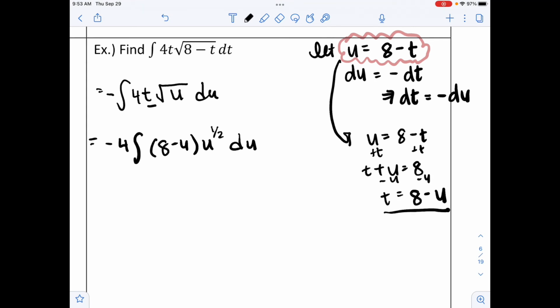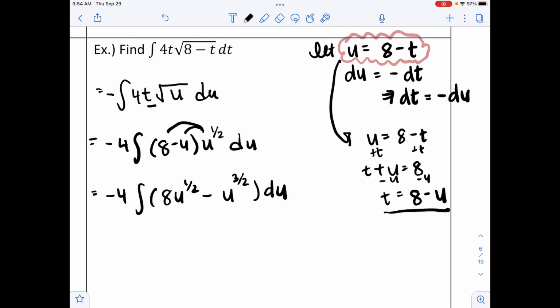We were able to get rid of that t, so I'm able to integrate it. However, right now I'm still multiplying two things together, and we don't have a product rule. But I can fix that by distributing my u to the 1/2. So I get negative 4, the integral of 8u to the 1/2 minus u to the 3/2 du.